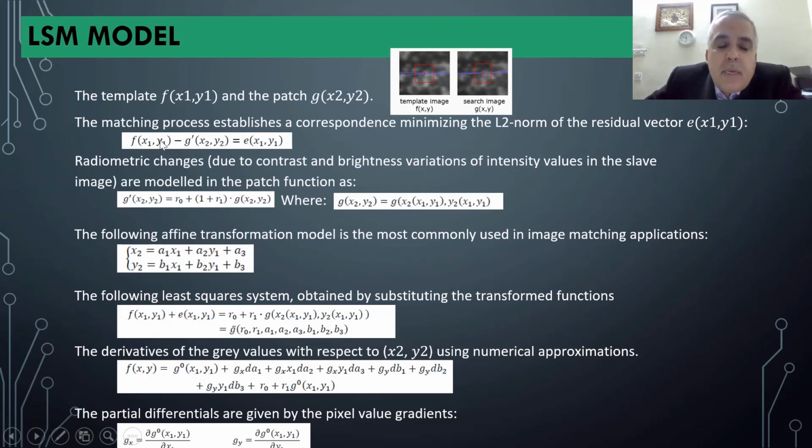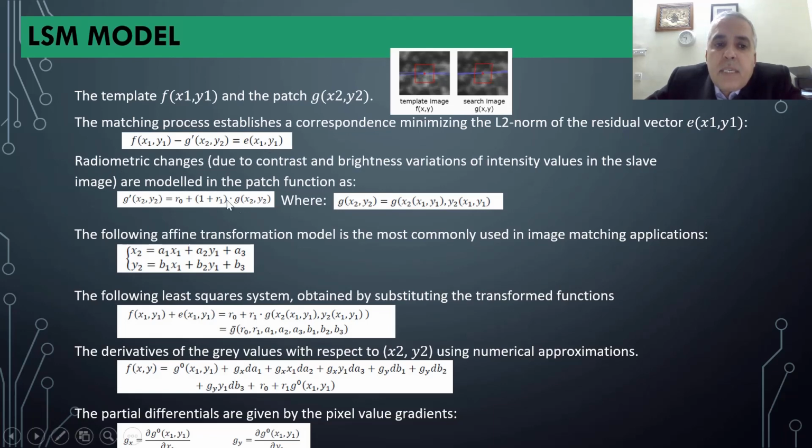Let's mark the template, for example the fixed window, with F and the search with G prime. And the error is what we will minimize, with this square, and we find the minimum values. We will shift this window until this value is minimum. In that case, it will give us the corresponding point.